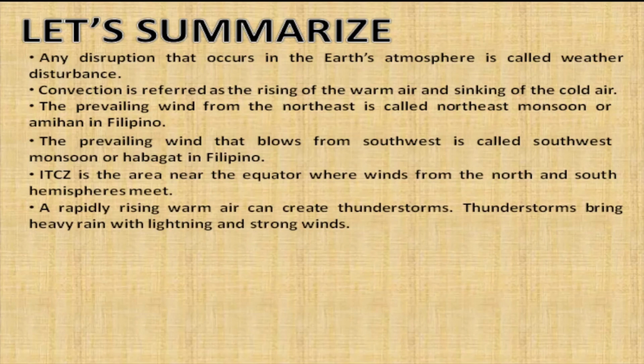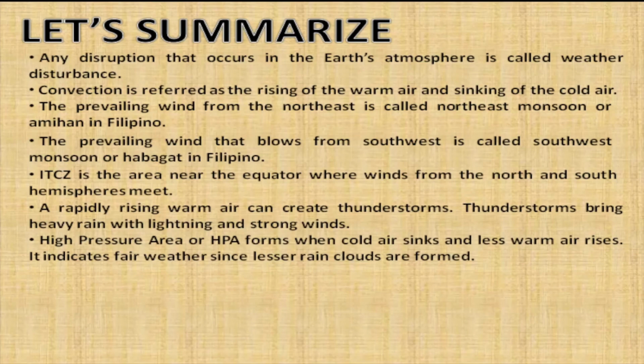A rapidly rising warm air can create thunderstorms. Thunderstorms bring heavy rain with lightning and strong winds. High pressure area or HPA forms when cold air sinks and less warm air rises. It indicates fair weather since lesser rain clouds are formed.